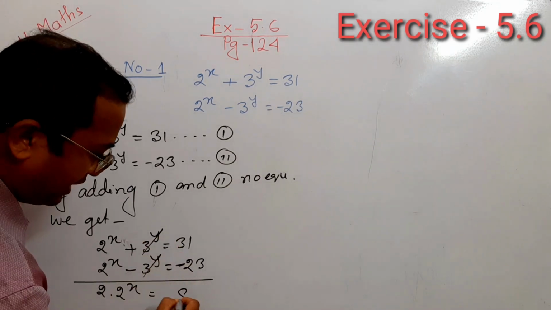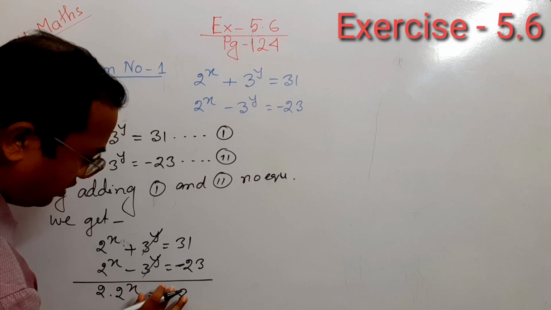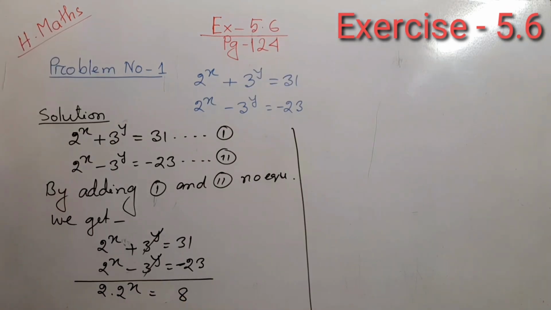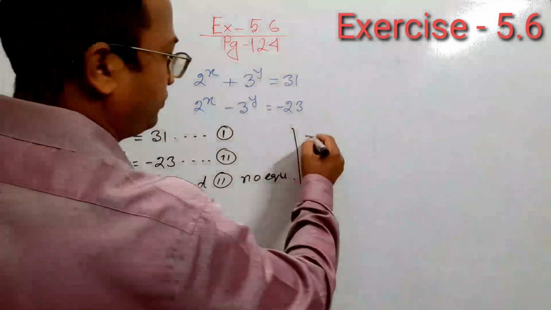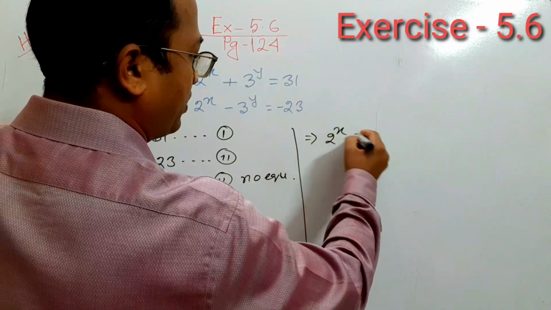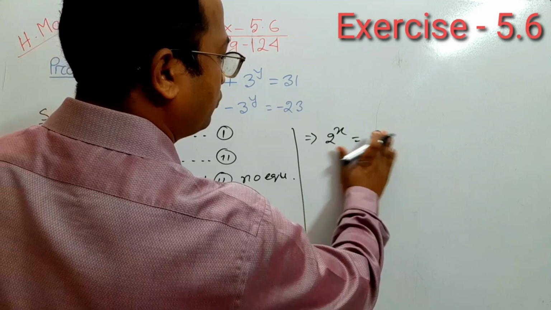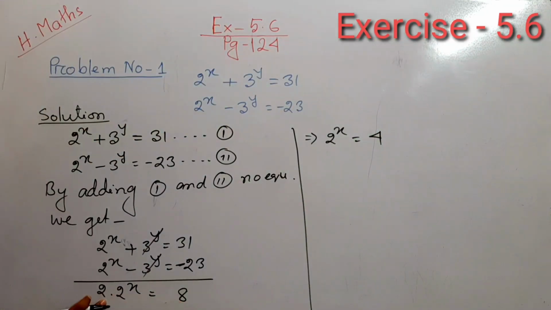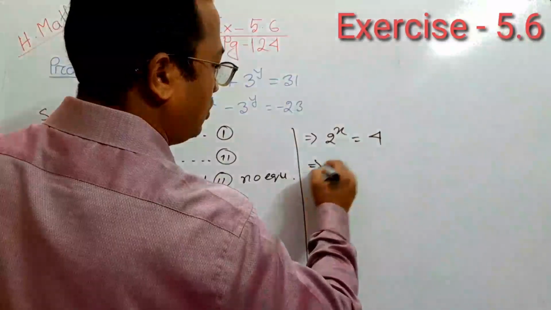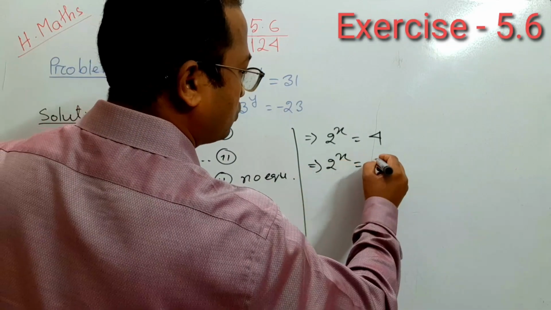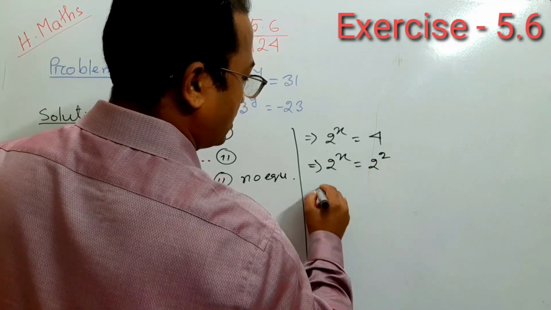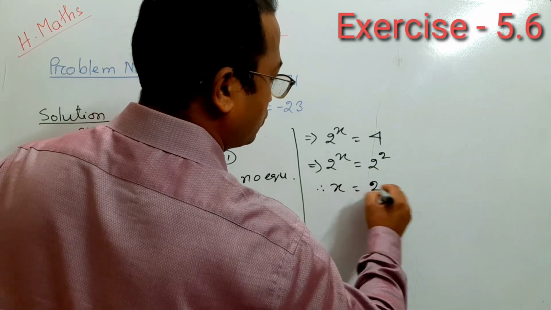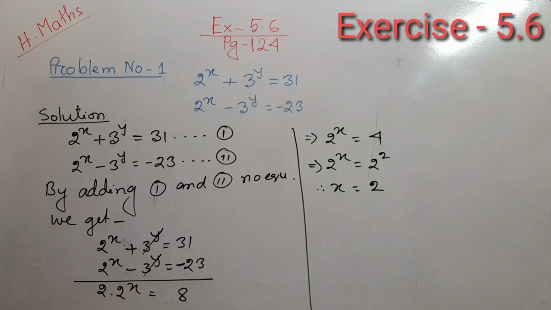So it will be 8 and only 8. Now if we divide both sides by 2, it will be 2 to the power x equal to 4. We can write 2 to the power x equal to 2 squared. So therefore x is equal to 2. So we get the value of x.